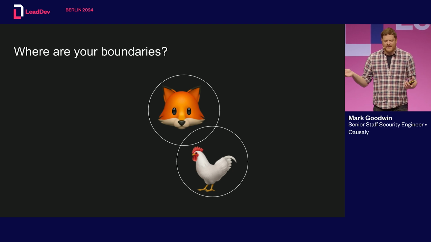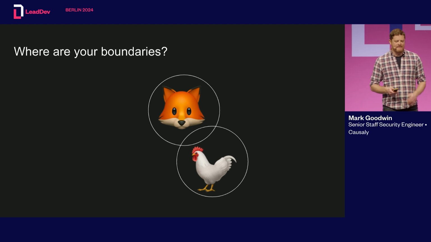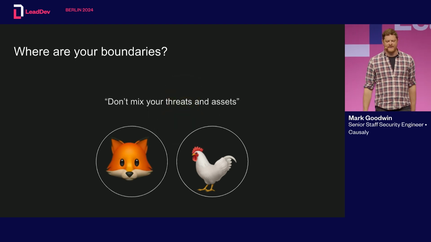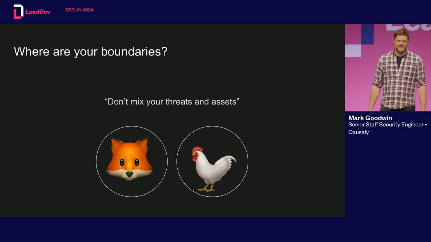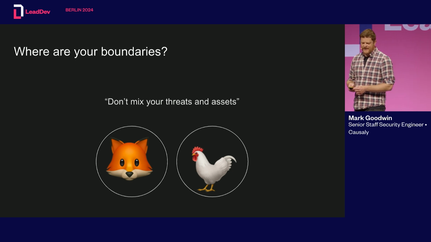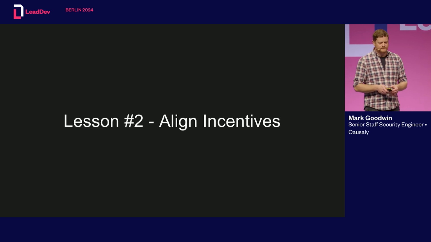Or maybe it's a third-party library where you don't know how secure it is. But the key thing here is that you need to take your information assets and remove them from the stuff that you can't trust, and your boundaries go in between. So that's our first lesson. Separate your threats and your assets. Don't mix your threats and assets.